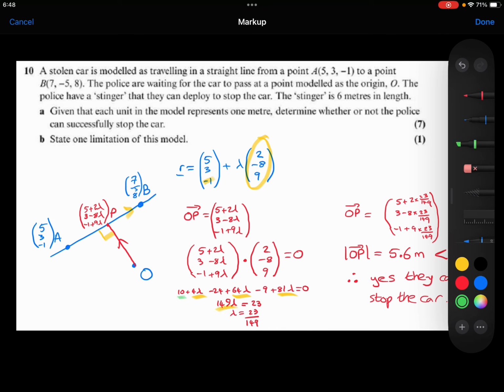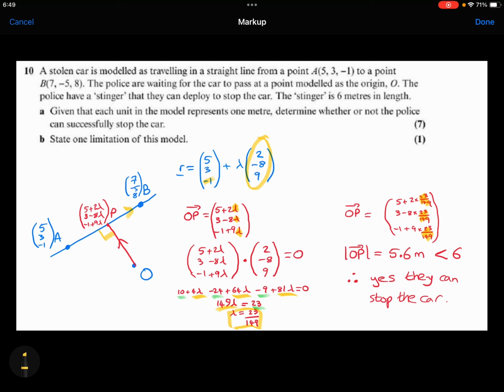And then the 10 minus 24 minus 9, I've moved that to the other side, tells me that the car will be closest to the police when lambda is 23 over 149. Which I have then substituted in here, here, and here to work out what OP is when the car is closest to the police.